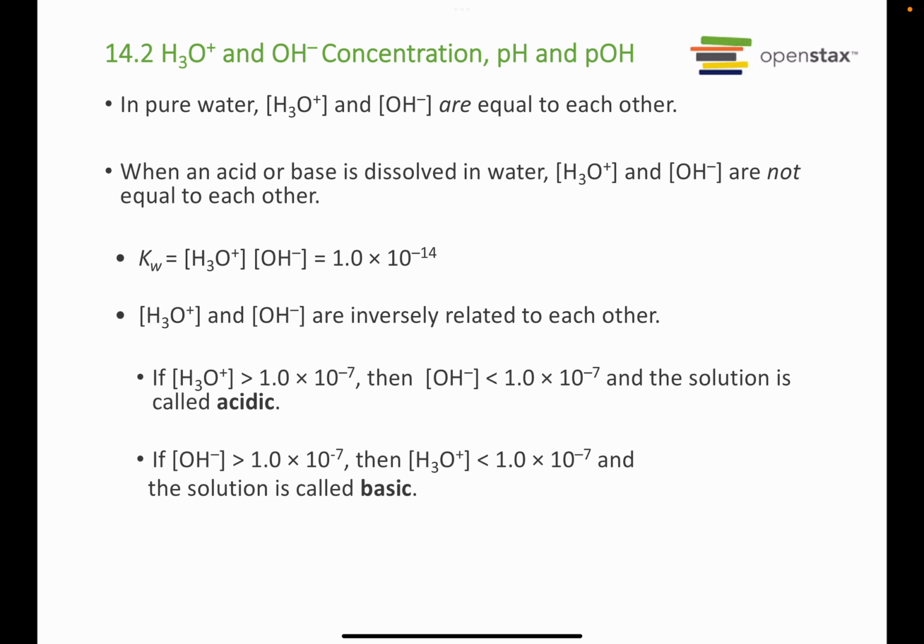And if you look at the formula, those are the two products divided by the reactant, which is water, and that's a liquid, so we can leave it out. So basically just H plus times OH minus gives us the equilibrium constant for water.